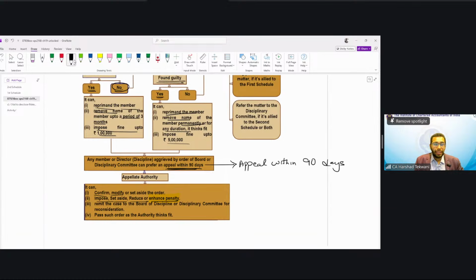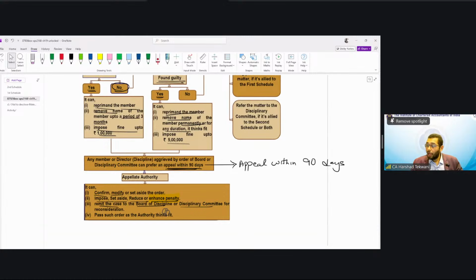They can remit the case back to the Board of Disciplinary Committee for reconsideration, or they may pass whatever order they think fit. So there are various powers provided to the appellate authority. In the given scenario, the matter will be placed in front of the Board or Disciplinary Committee, and these are the fines which can be imposed on that particular member.